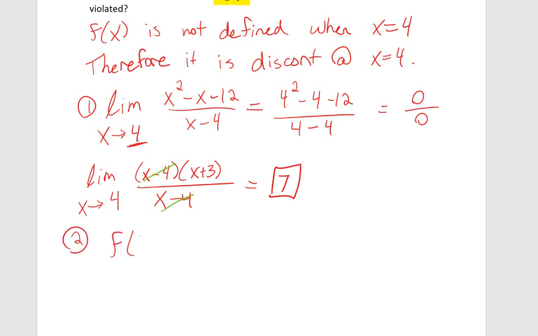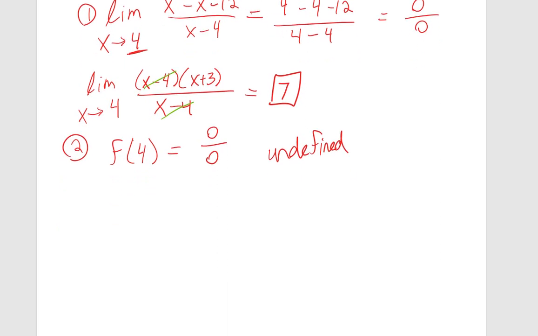Second, is my function defined? If I plug 4 in, do I get anything out? Well, no, because I'm dividing by 0, which means that my function is undefined. Which means we break condition 3, because the limit does not equal our function value.